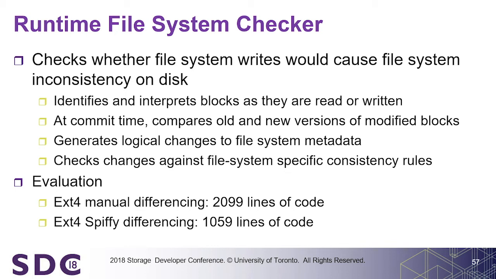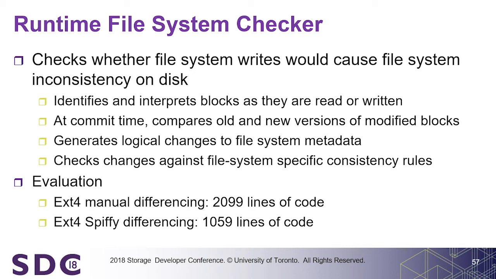We also implemented a runtime checker that detects bugs that would cause file system inconsistency on disk. Our checker, similar to the block layer cache, identifies and interprets blocks as they are read or written. When the file system is about to commit its changes through transactional mechanisms such as journaling or copy on write, the checker uses Spiffy to compare the old and new versions of modified blocks to generate all the logical metadata changes in a transaction.